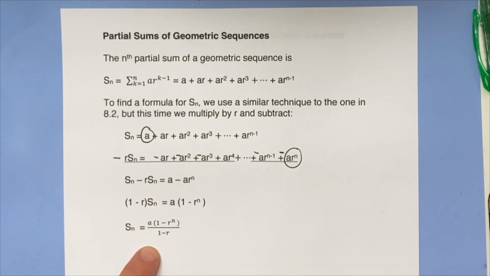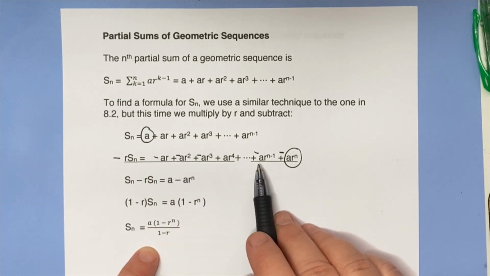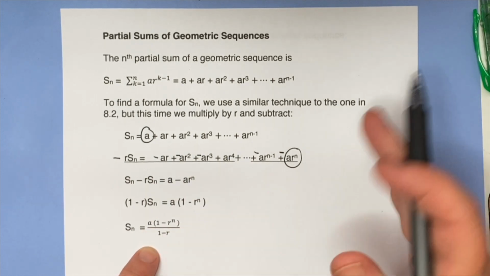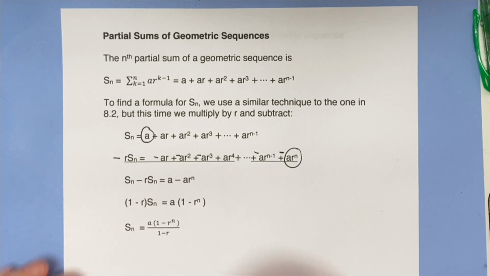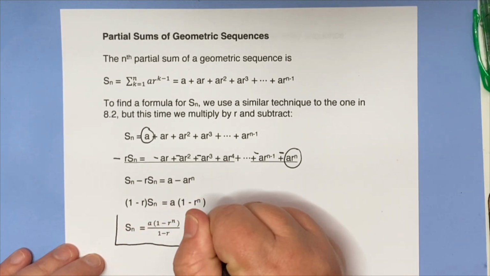Now, unfortunately, this is not nearly as simple and satisfying as the partial sum of arithmetic sequences, but this trick of canceling everything in the middle is pretty cool. So that's why I want to show it to you. This is the formula that you want to focus on.